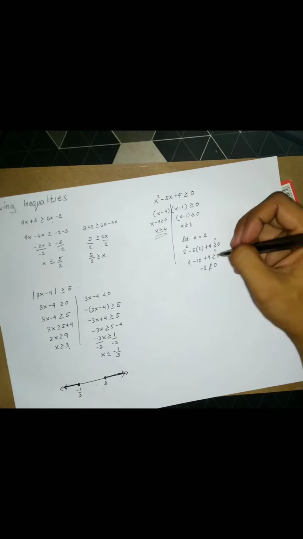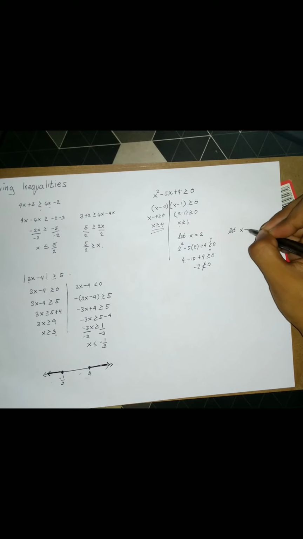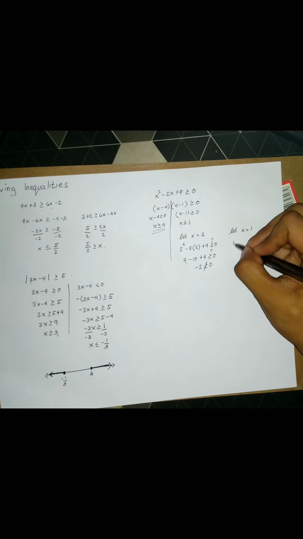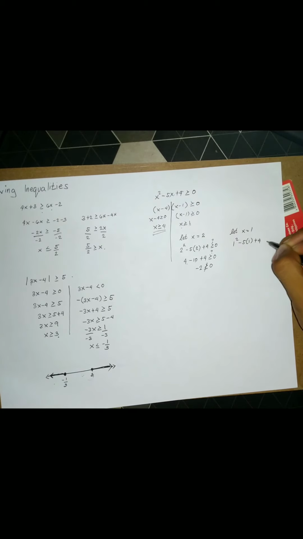Let's try 1 just to see. Let x be equal to 1. So 1 squared minus 5 times 1 plus 4, is it greater than or equal to 0?